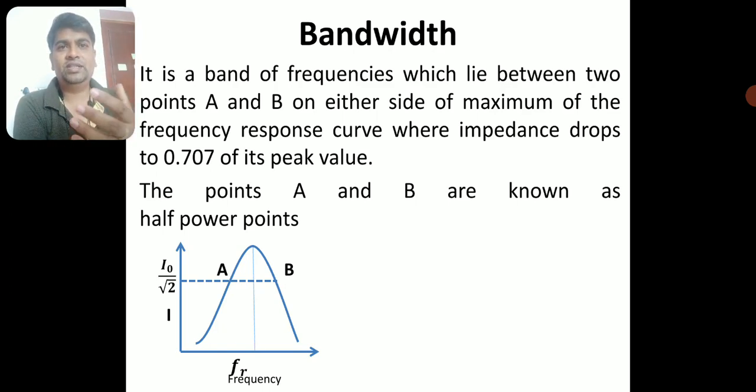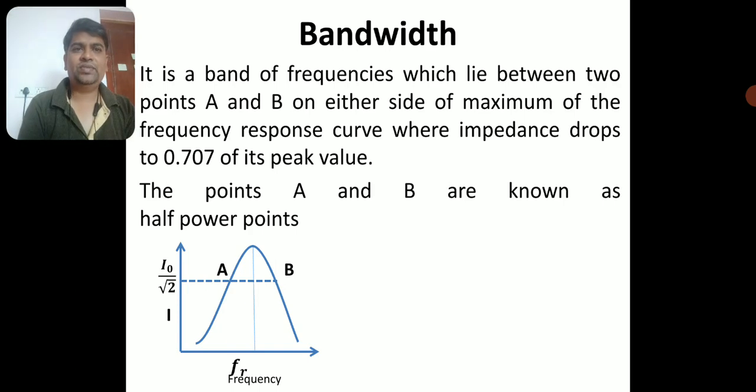So I will repeat this bandwidth definition once again. Bandwidth is the band of frequency which lies on either side of the maximum of the frequency response curve, between the 2 points A and B, where the current drops from its maximum value to 0.707 of its peak value.